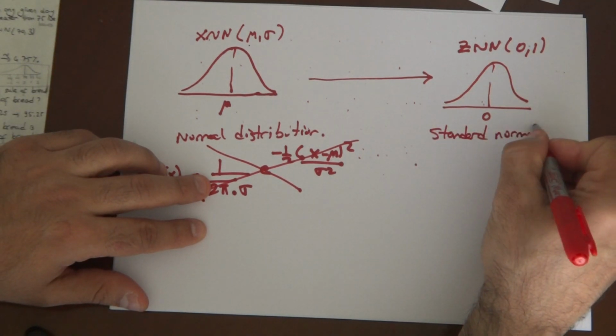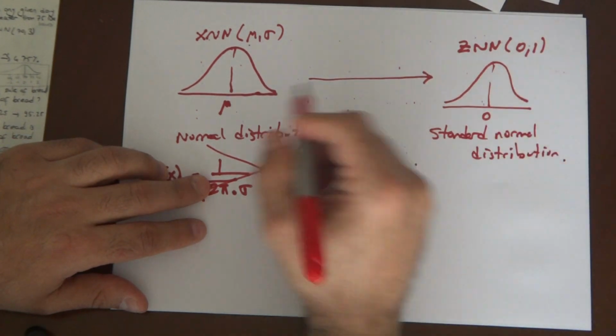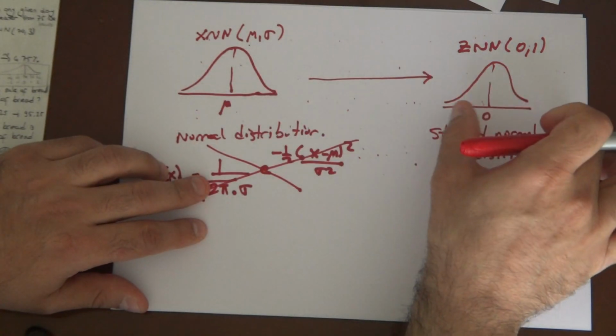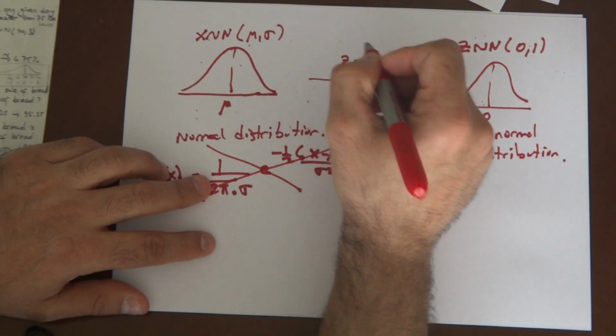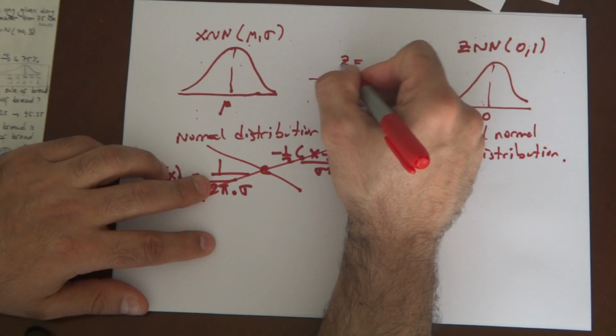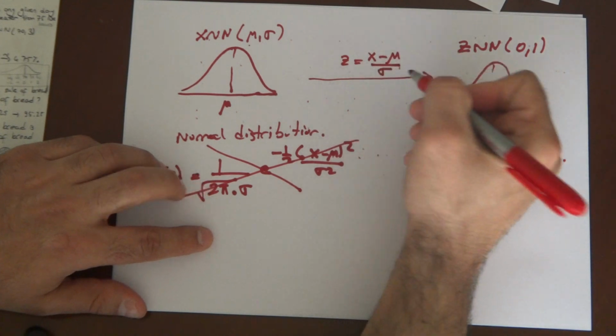To convert to it, you use the transformation formula Z equals X minus mu divided by sigma.